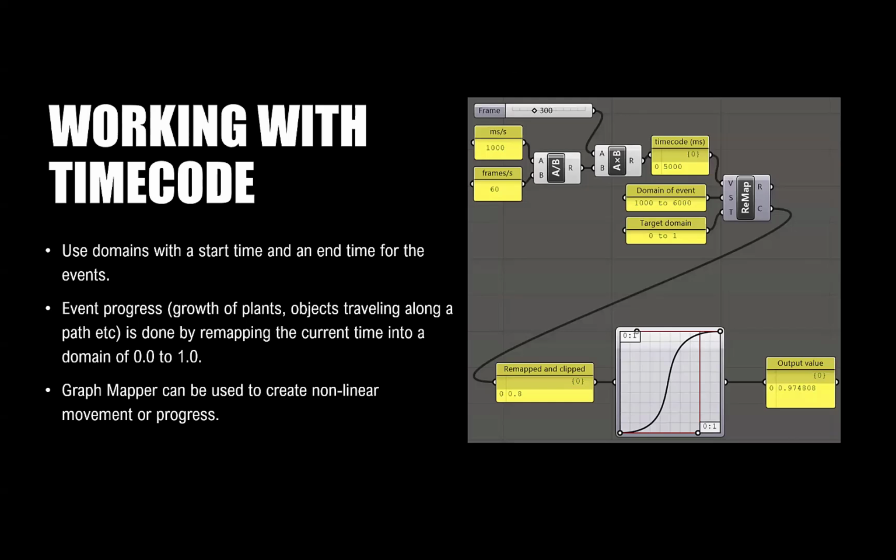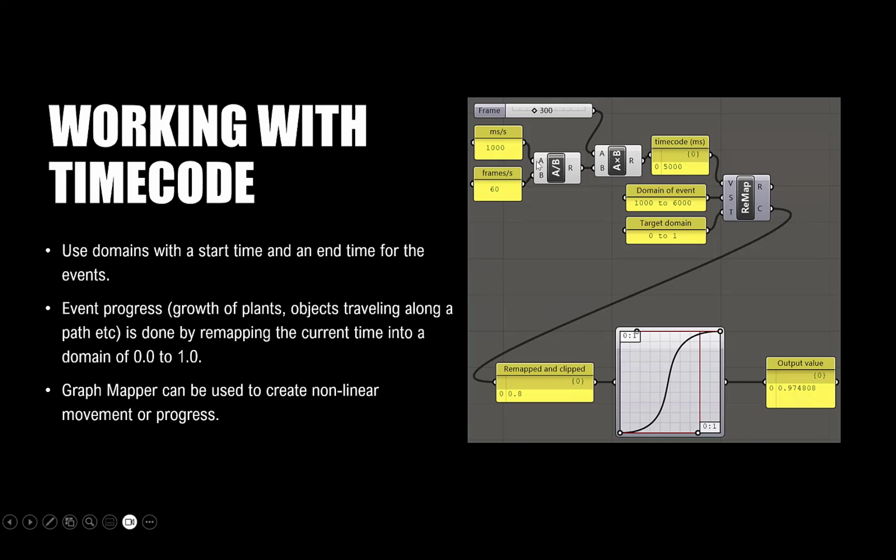Okay, so working with timecode. If you have done animations, you have done this, but here are some things I have learned from this project. Domains are really your friend here. In the screenshot you can see a small example with a domain from 1,000 to 6,000. This could be milliseconds.